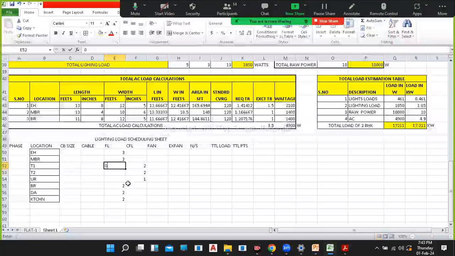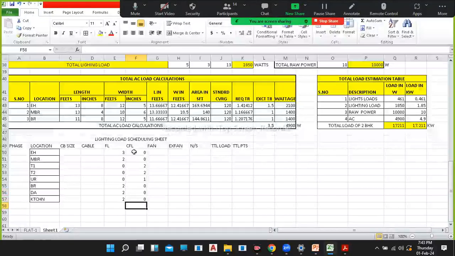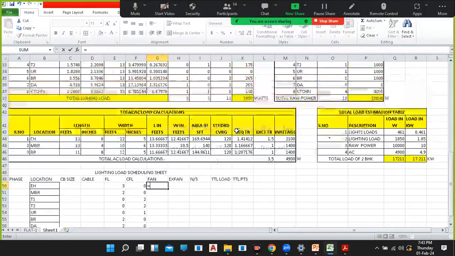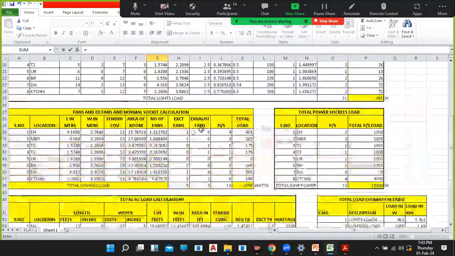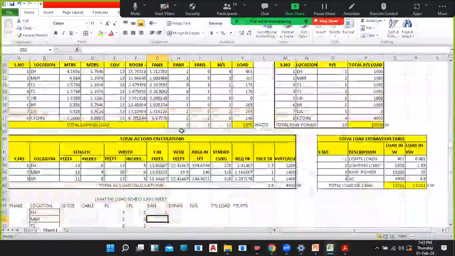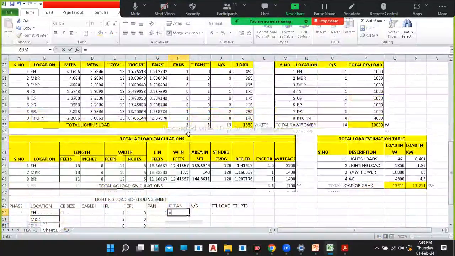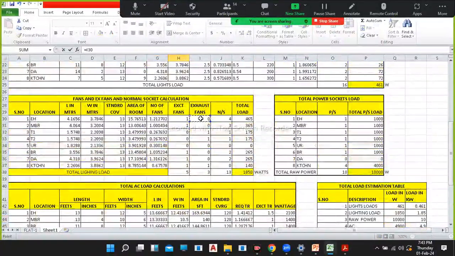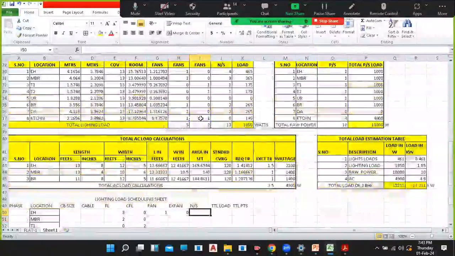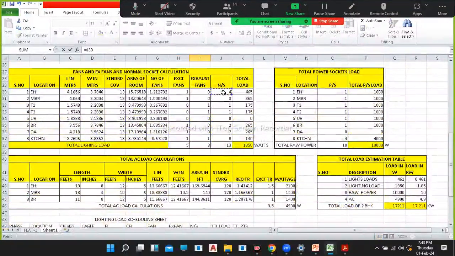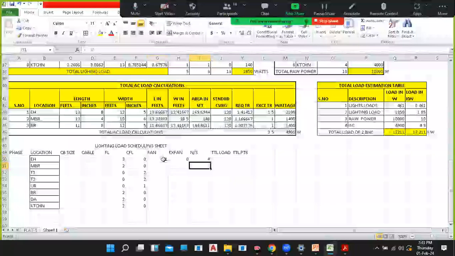Then this I'll make 0, 0, 0, and this also 0, 0, 0, 0. Now coming to the fans also, it's equal to fans, same. Exhaust fan also, and the same here, normal sockets. Then I'll drag all the things.